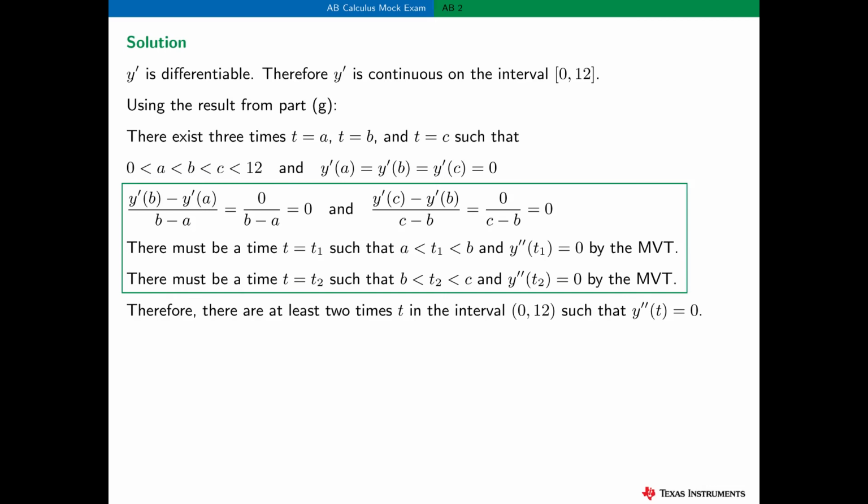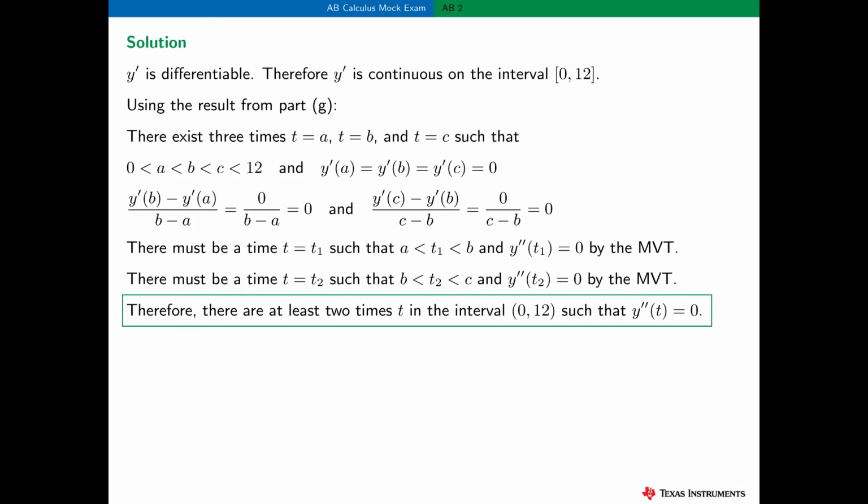Similarly, by the mean value theorem applied to the function y prime, there must be a value t sub 2 in the open interval b to c such that y double prime of t sub 2 is equal to y prime of c minus y prime of b over c minus b, which is also 0. And this shows that there are at least 2 times t in the interval 0 to 12 such that y double prime of t is equal to 0.